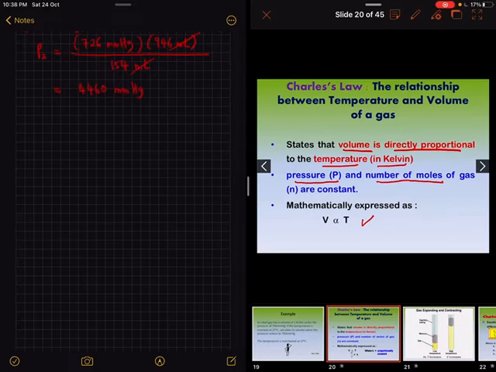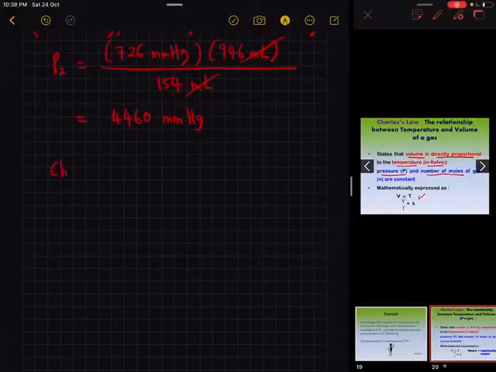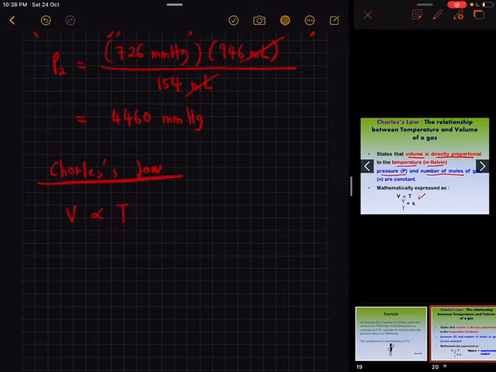Okay, so when you insert the K proportionality constant, it will become V over T equals to K. Okay, now so untuk Charles law, they are directly proportional. Okay, so when you insert the pemalar, it will become V equals to KT.